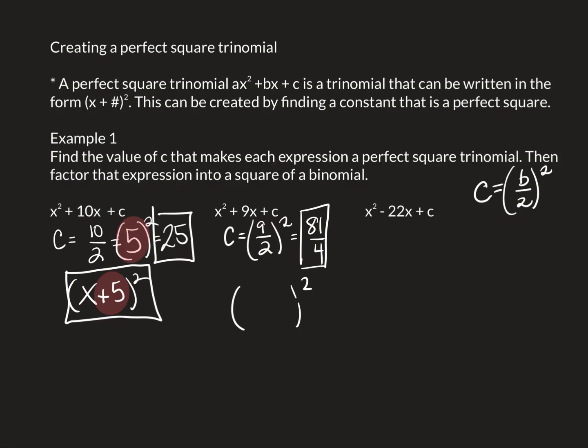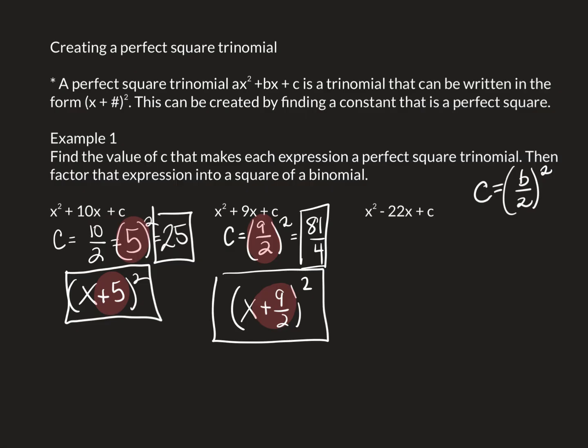Remember, you use your middle variable, x, and then the answer that you got when you divided by 2. That's what we'll put beside that x. So plus 9 over 2. That is that trinomial factored into the square of a binomial.